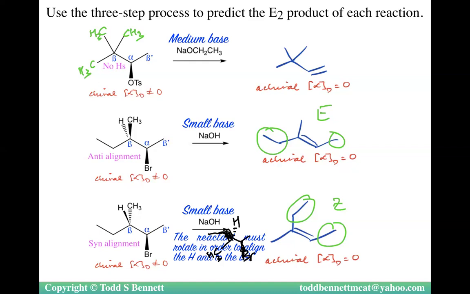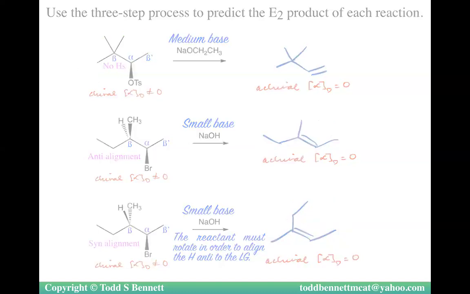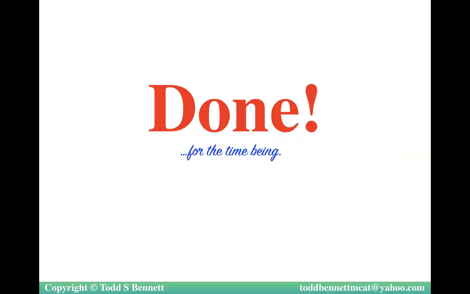Hofmann versus Zaitsev: a small base goes for Zaitsev, the more substituted. Hofmann will go for the less substituted. This one wasn't really a case of that. There were no H's here anyway, so there was only one H to pull from. So this is more of a trick question. Lots and lots of information. This is a topic that only comes from doing tons and tons of practice questions.